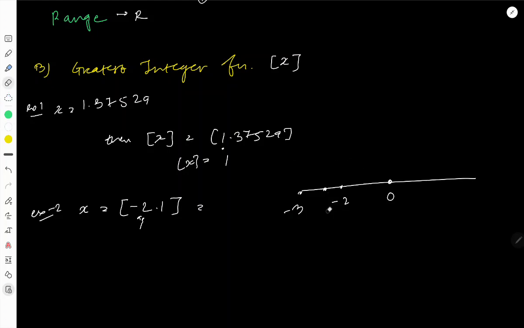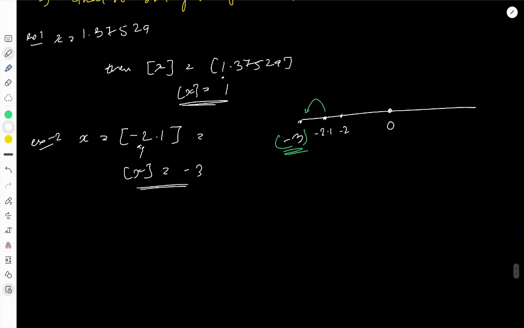Okay, the things are a bit squashy. So minus 2.1, and this is minus 2. So the integer we want in this case is minus 3. This is very important. So box of x in this case would be minus 3. So we need to know these things, and we don't have to make mistakes.